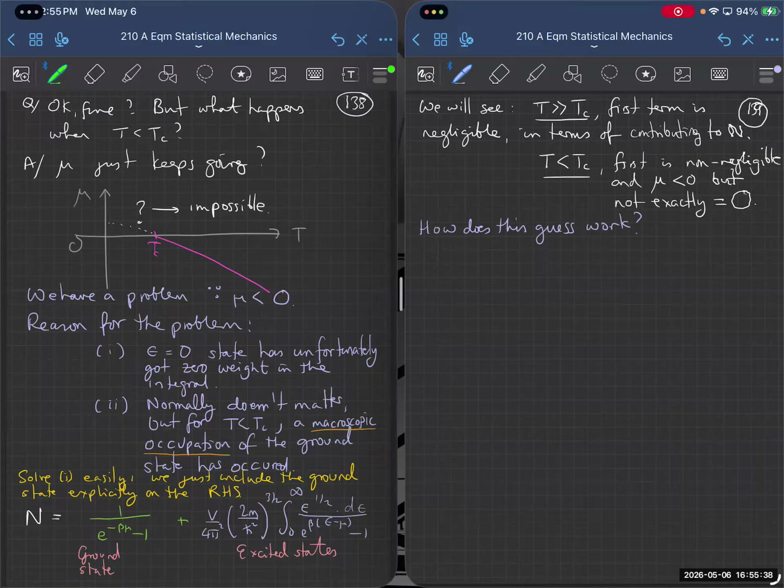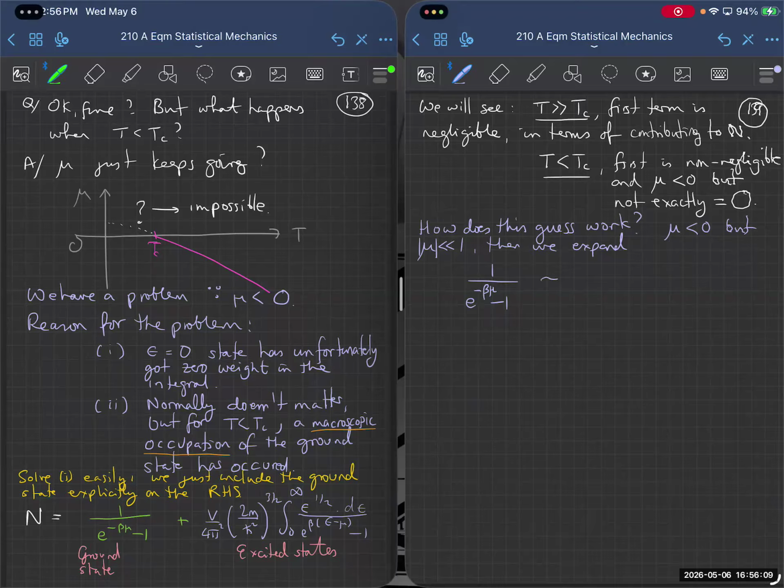If mu is less than 0, but very small, then I can expand the first term, 1 over e to the minus beta mu minus 1.